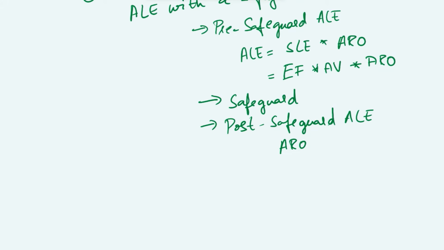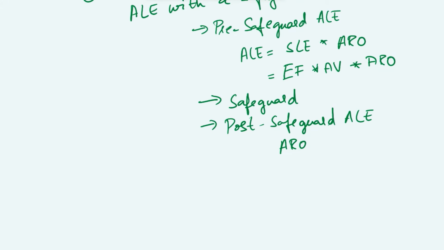In most cases, the exposure factor remains the same even with the safeguard. This means that if the safeguard fails, the loss on the asset would likely be the same as without the safeguard. However, in some cases, a safeguard may still reduce the damage even if it fails partially.